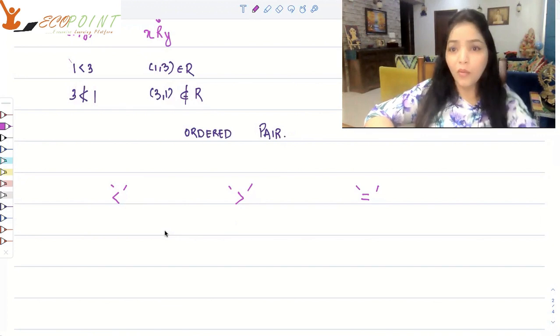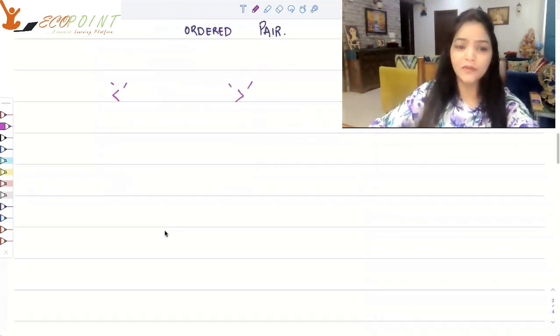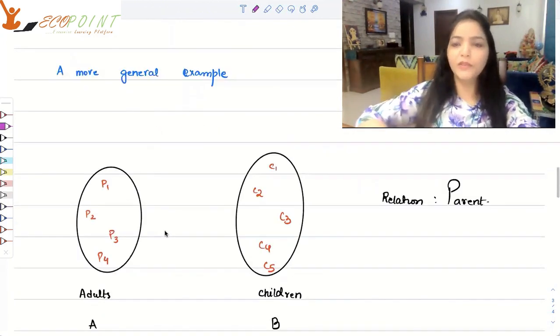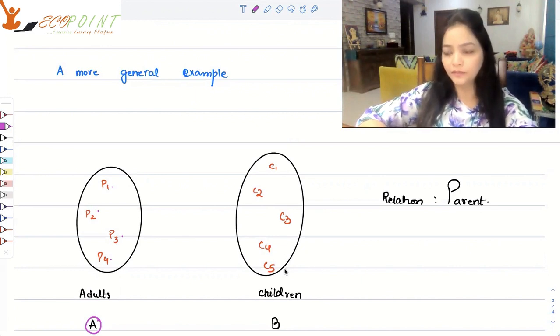Let me give you a more general example here. Why just talk of only numbers? Suppose we are talking of the relation of being a parent. In this first set A, I have written the names P1, P2, P3, P4. These are some adults. And here C1, C2, C3, C4, C5 depict some children.